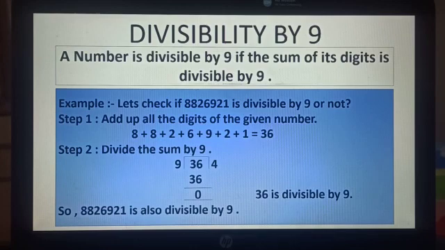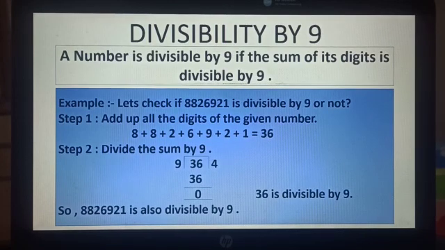Now we will check divisibility by 9. A number is divisible by 9 if the sum of its digits is divisible by 9. Let's check by the example. Let's check if the given number is divisible by 9 or not.